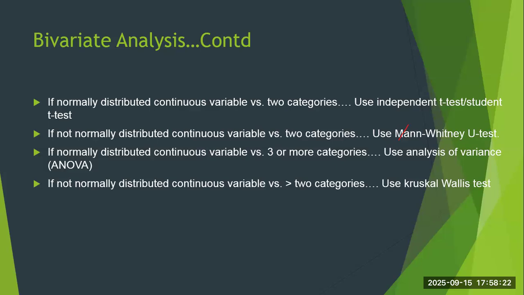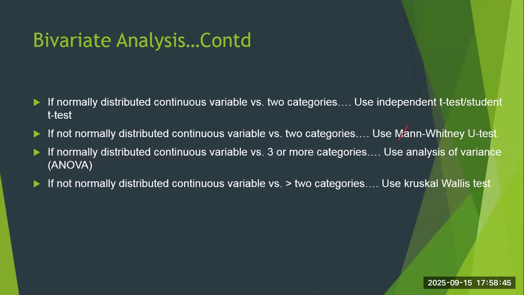So I can no longer do independent t-test or Mann-Whitney. I can only consider ANOVA or Kruskal-Wallis test. And what will determine whether it is ANOVA is the normality of distribution of the weight. If the weight is normally distributed, I will use analysis of variance, ANOVA. But if the weight is not normally distributed, I will consider using Kruskal-Wallis test.